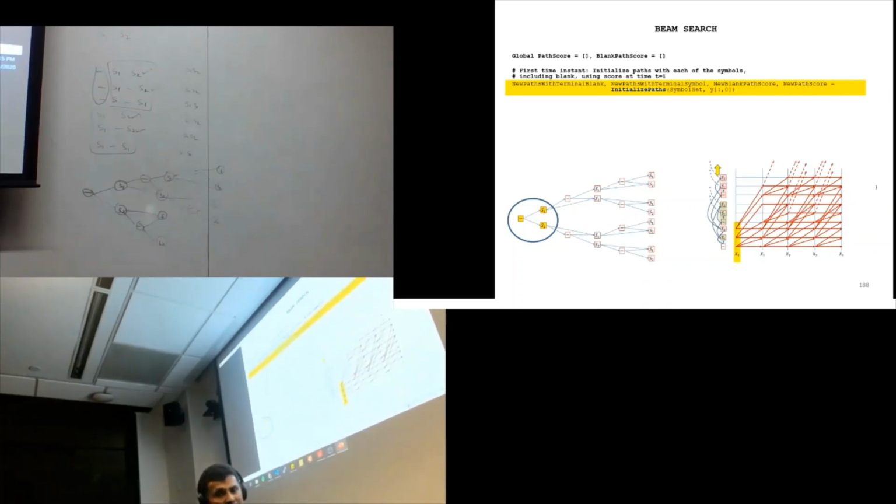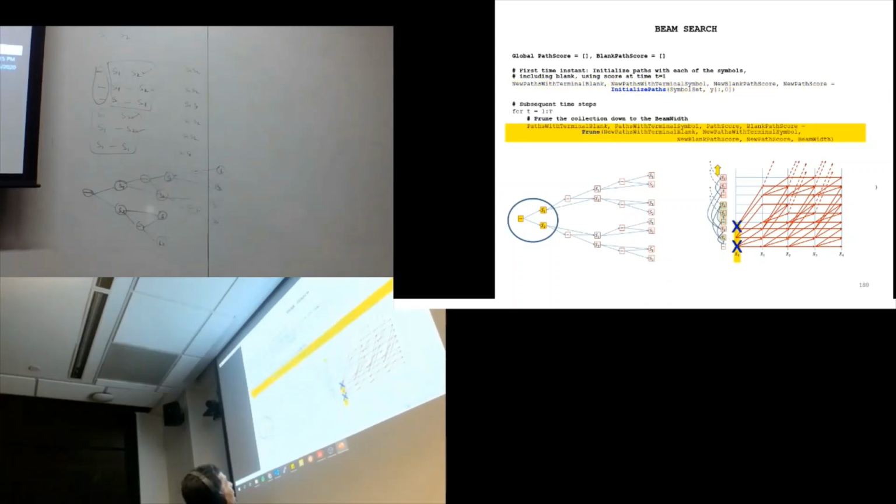If you have some k symbols, then you're going to be computing node scores at k symbols plus the blank. So these scores are being computed, and you will initialize the paths which end at blanks with just this one guy, and the paths which end at non-blank symbols with these two guys, because there's a path which ends here, there's a path which ends here, and there's a path which ends just here.